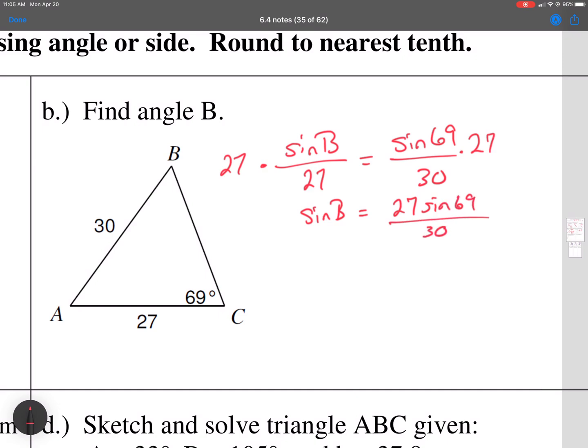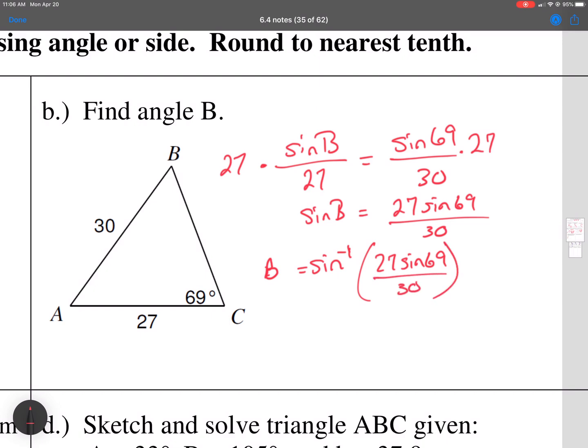Notice I don't put anything in the calculator until the very end of the problem. Remember, since we're trying to find an angle measurement, we're going to use an inverse trig operation. Anytime you're trying to find an angle, you use an inverse trig. So we're going to do the sine inverse of both sides, and that gives me B equals sine inverse of 27 sine 69 over 30.